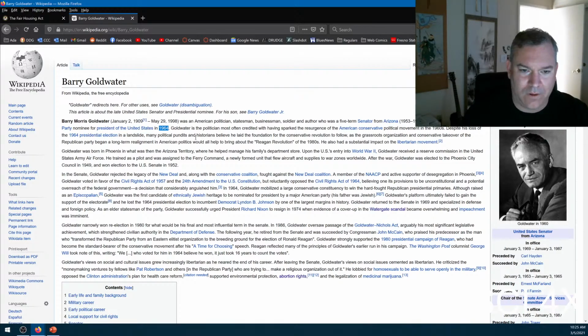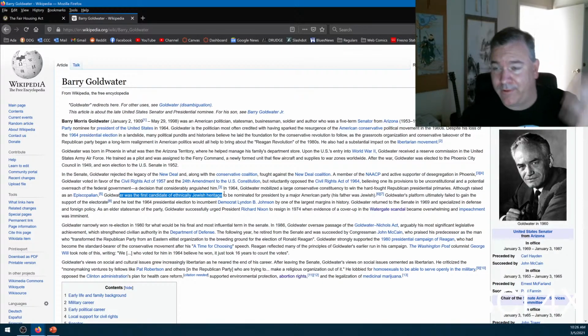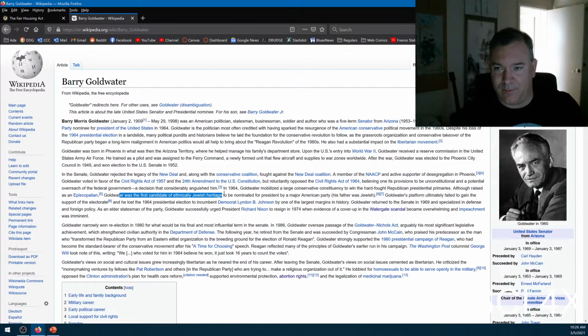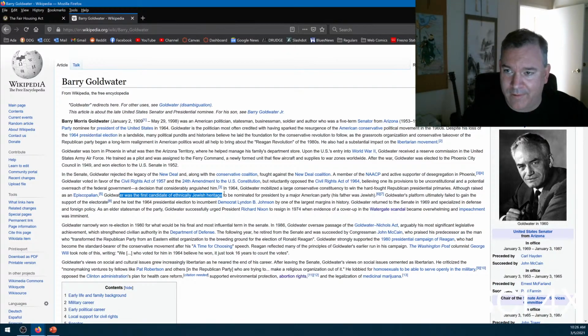He was the first candidate of ethnic Jewish heritage to be nominated for president. A lot of people don't know this: Republicans ran a person with an ethnic Jewish background for president in the 60s. He was living in Phoenix, I believe.